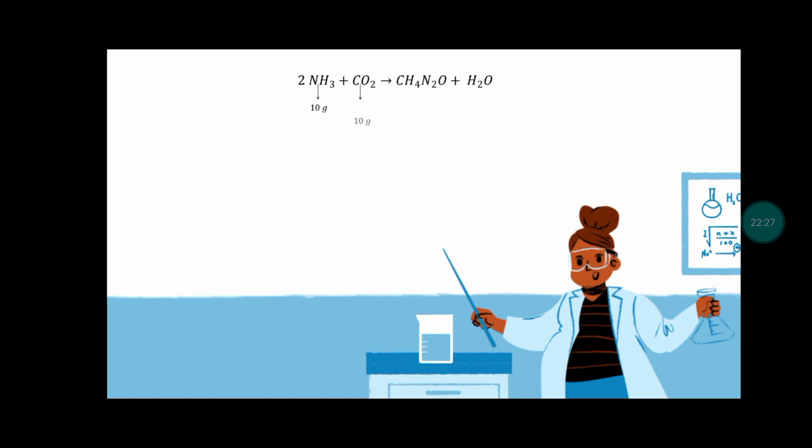Ano kaya ang maglilimit sa reaction natin? Well, the first thing that we need to do is to convert to moles. Because, diba, sabi ko kanina, mass doesn't tell us anything. So, we convert both to moles using their respective molar masses.